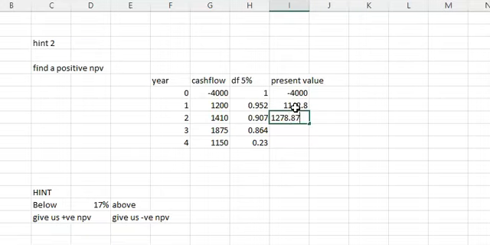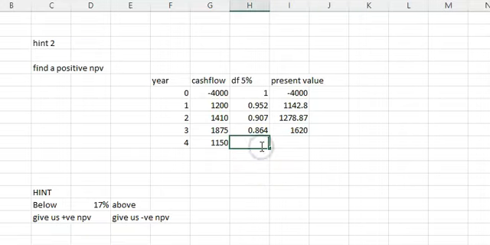1278.87. Okay. In year 3, we multiply 1775 by 0.8464. It will give us 1620.00. In year 4, we multiply 1150.